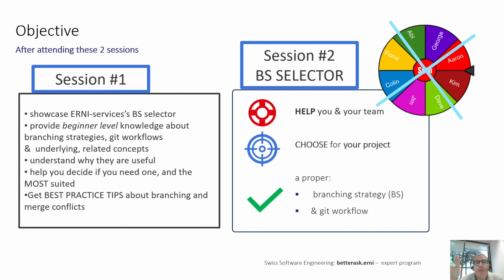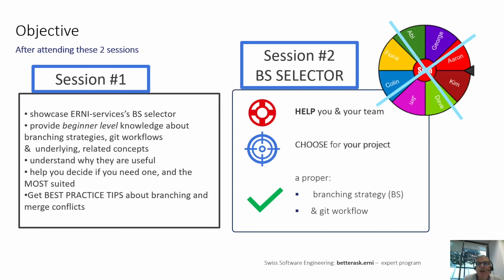We will provide beginner level knowledge about branching strategies and Git workflows and branching patterns and many underlying related concepts. We will understand why they are useful, and this will help you decide if you need one and which is the most suited for you at any time. I will also try to provide you with some best practice tips about branching and merging conflicts.